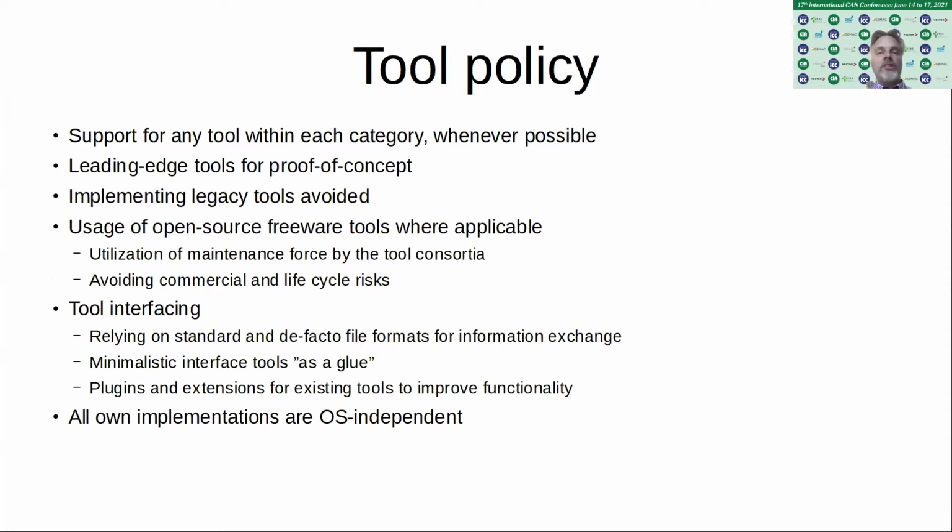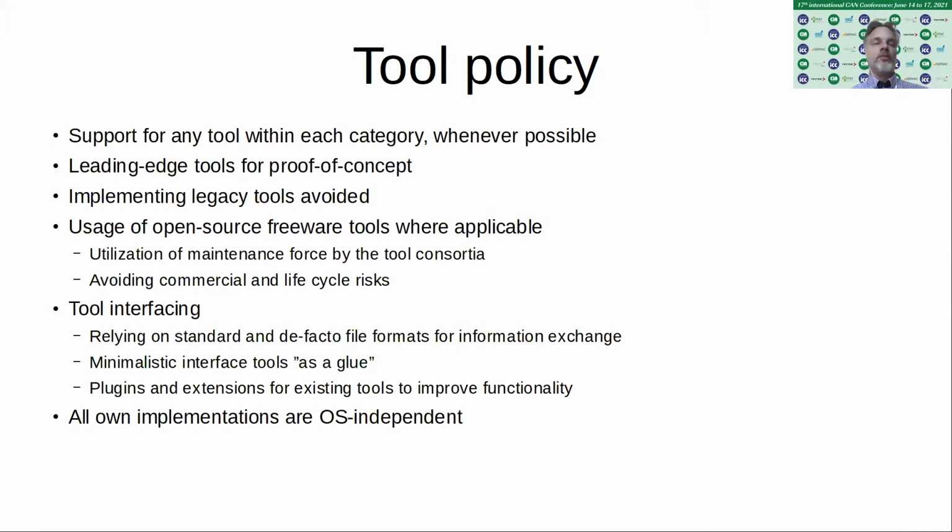And in our research and development, we have defined tool policies so that we are not intentionally limiting tools to be compliant among or inside each category. Of course, certain tools may have restrictions by themselves, and that's why the usage may be reduced, but we are not intentionally willing to reduce it.